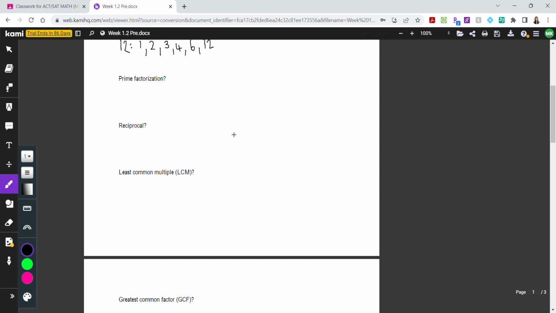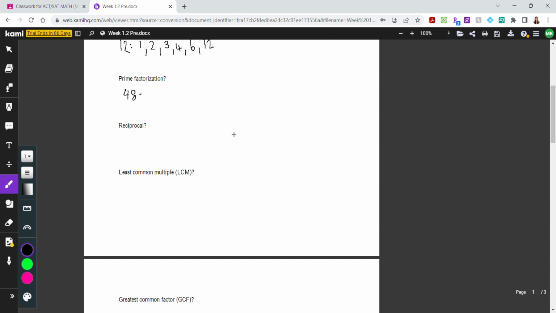Now the next thing we have is prime factorization. Prime factorization is factoring a composite number into its primes. It will also include duplicates. Let's take the example of 48.